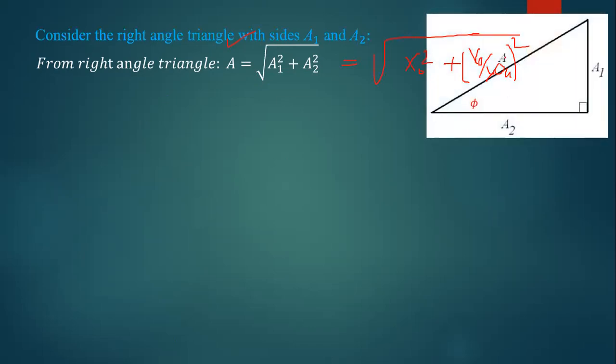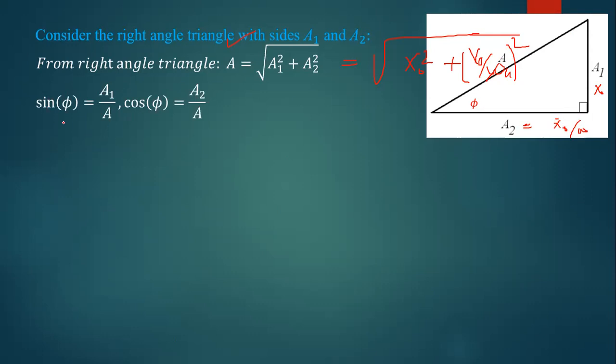That is A. Our A1 is equal to x naught, and our A2 is equal to x naught dot over omega. So using this relation, we can define A. Now we can define again the cos function.